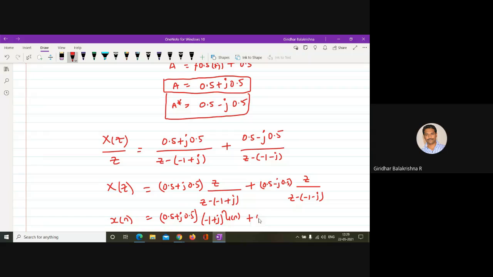Plus the constant 0.5 minus j 0.5, again in the form z by z minus a, where in the place of a we have minus 1 minus j, whole power n into u of n. So if these are conjugates, you solve like this. Anybody having doubt in this one? The procedure is the same, but simply we have conjugate terms. That's it. Is this clear to all of you?